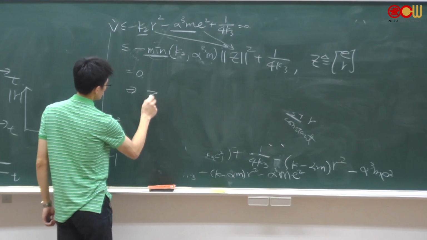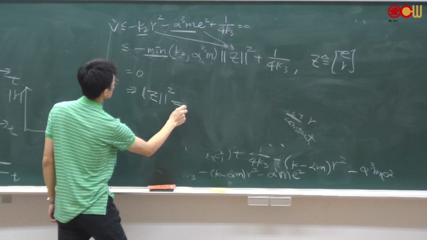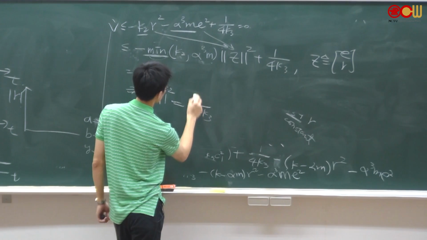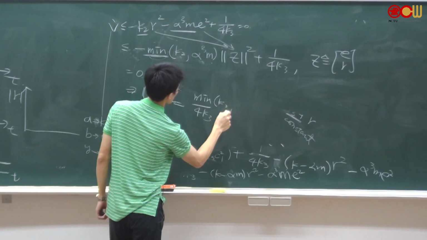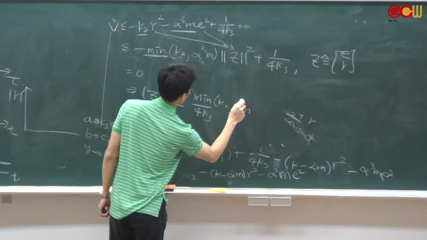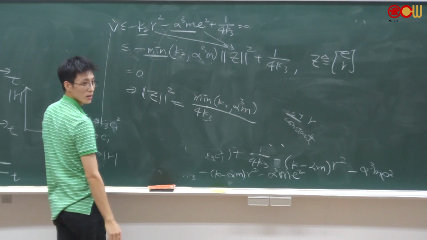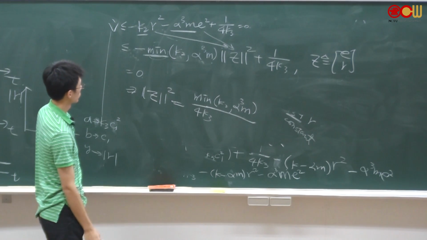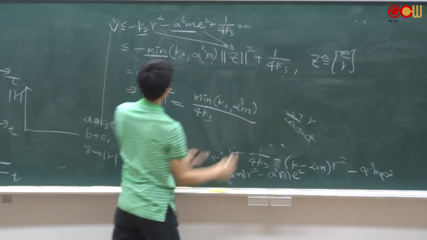That gives you Z norm square to be, right? You put this term to be 0.